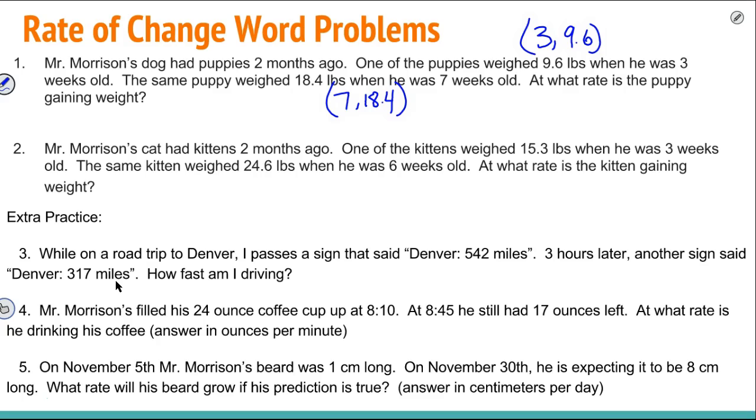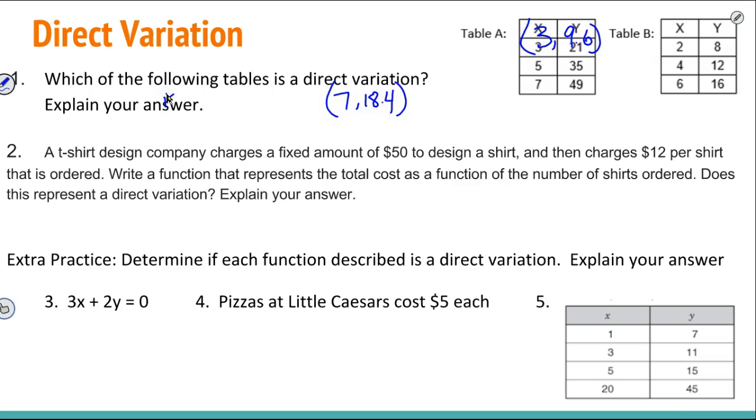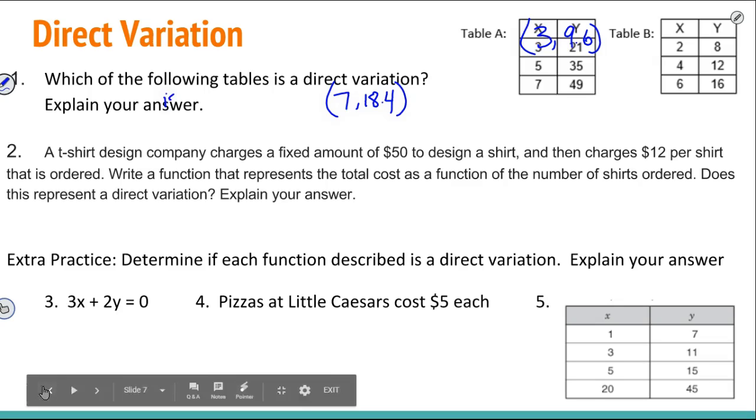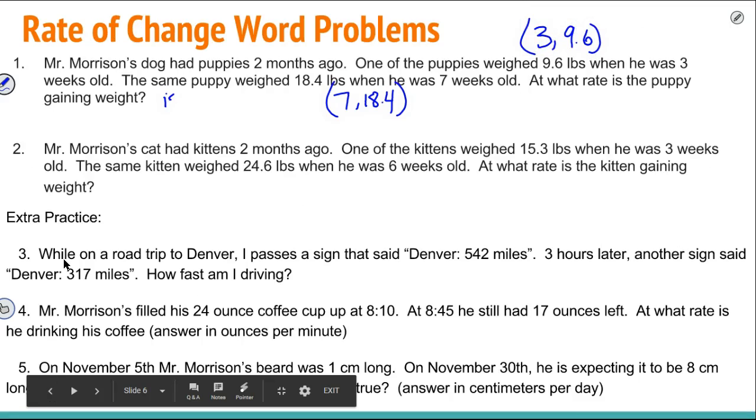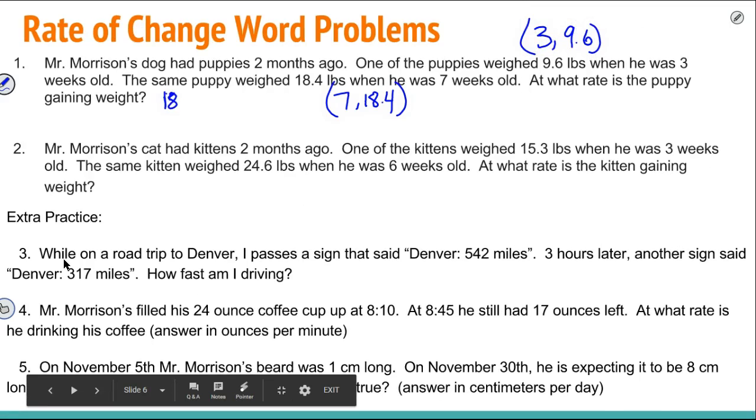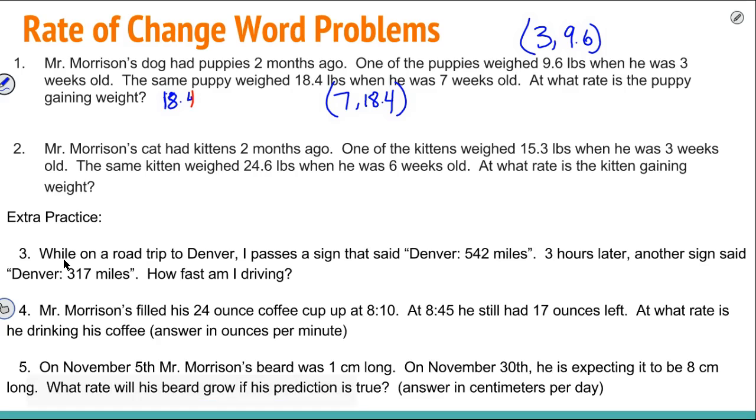So, I know that the puppy gained how many pounds? 18.4 minus 9.6, which is, what is that, 8.8 pounds, if I remember right.